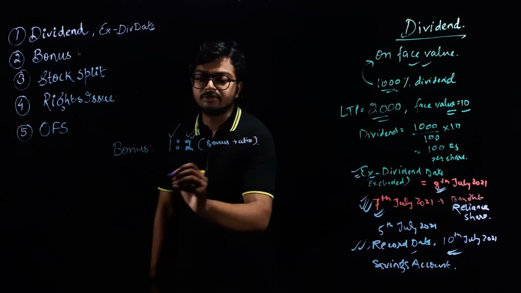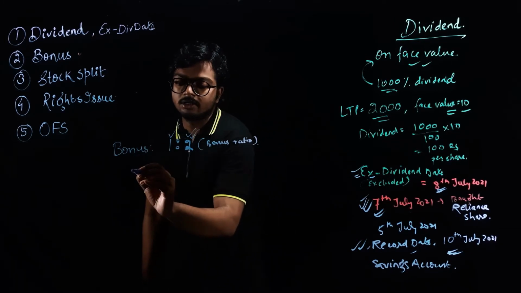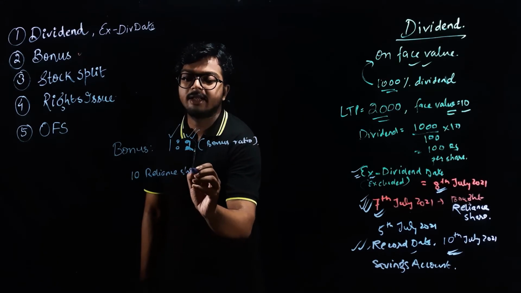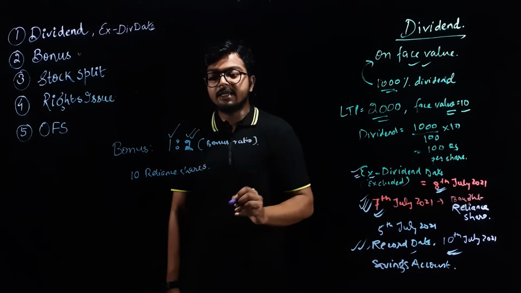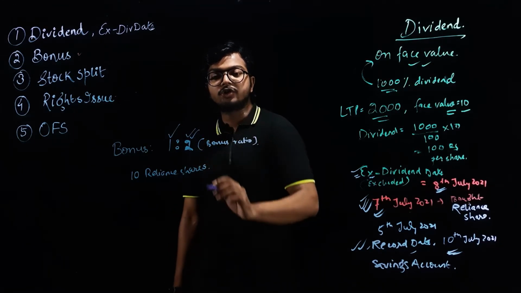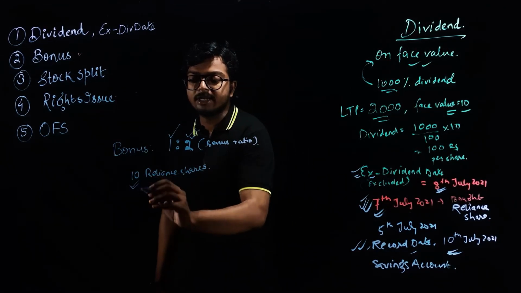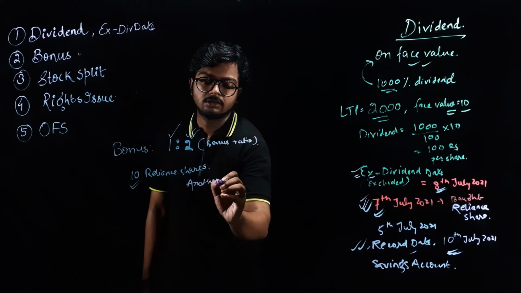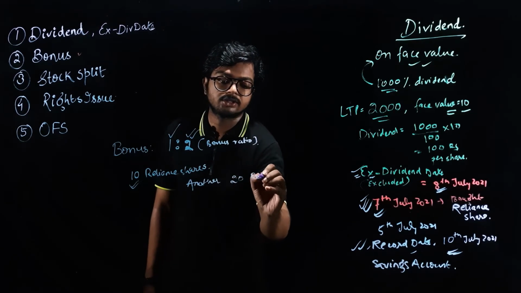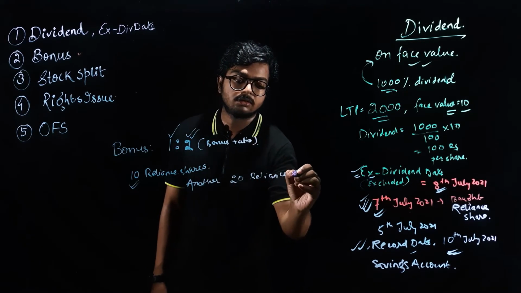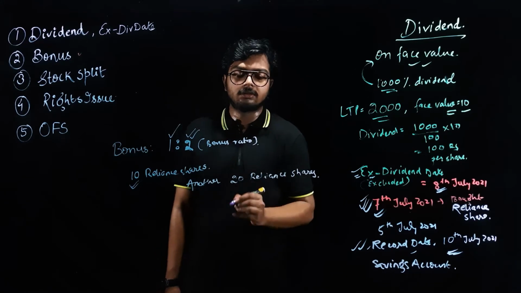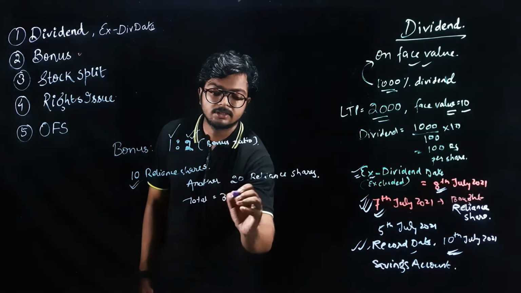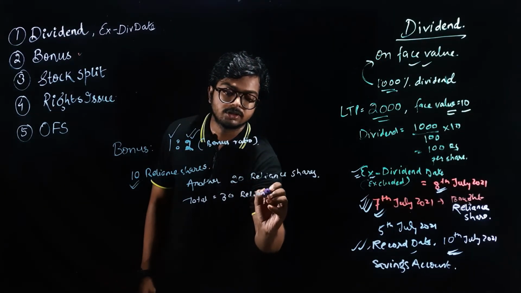In simple words, say for example, you hold 10 Reliance shares, and Reliance declared a bonus of 1:2. Then for 10 Reliance shares, you would be getting another 20 Reliance shares. Right, so in total you would be having 30 Reliance shares.